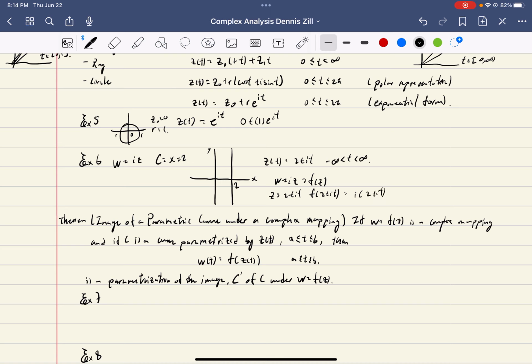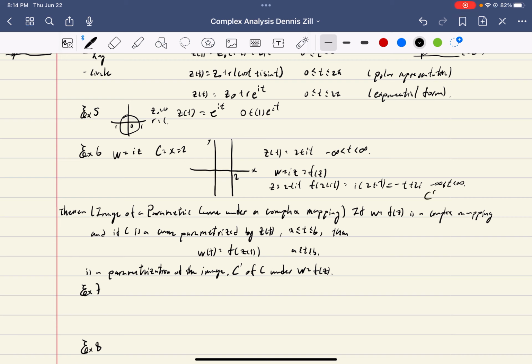Well, that gives us negative t plus 2i. And we know that t goes from negative infinity to positive infinity. So now that is the parameterization of C prime.